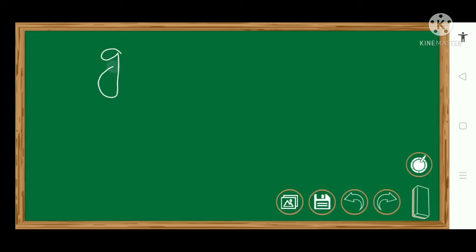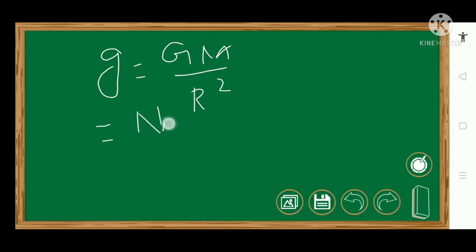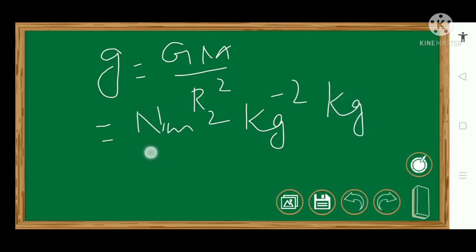Small g is equal to G M by r square. The unit of capital G is Newton meter square kilogram power minus 2. The unit of mass is kilogram, divided by the unit of radius r, which is meter, r squared is meter square.